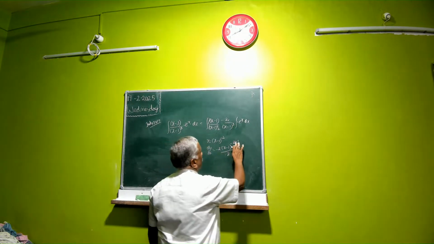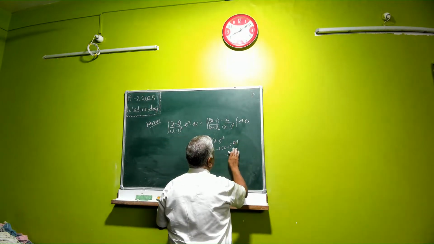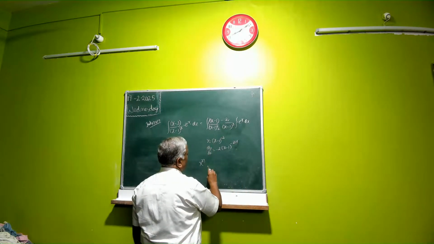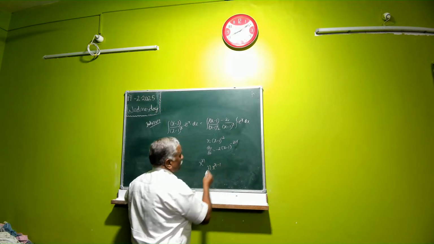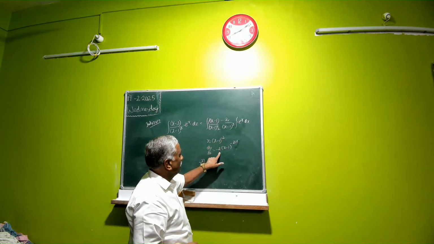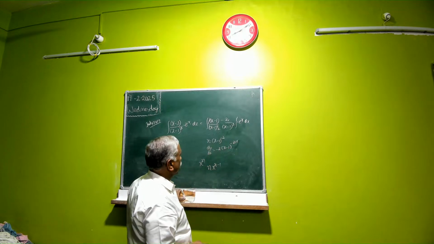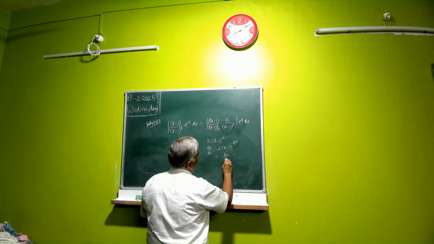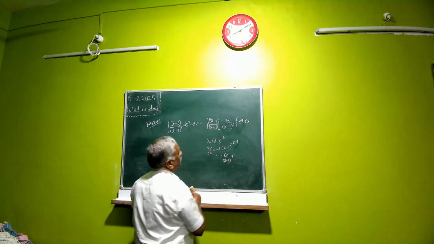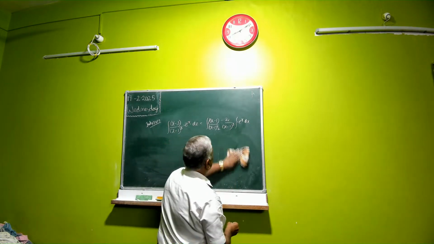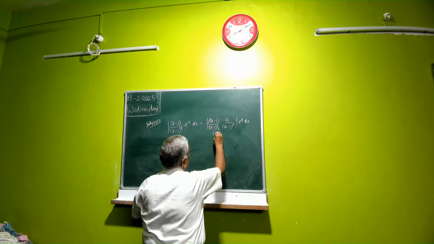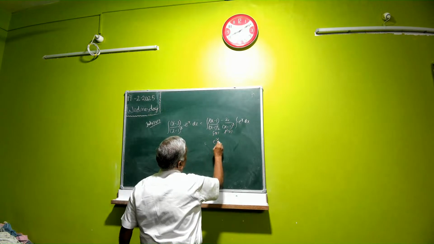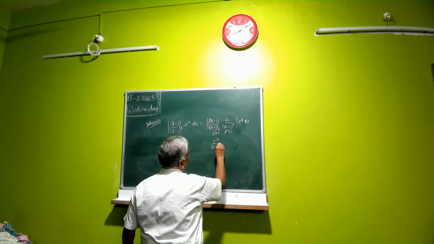If you simplify this, you get minus 2 over x minus 1 whole cube. Therefore, this is f of x and this is f dash of x, so your answer is e to the power of x over x minus 1 whole square.